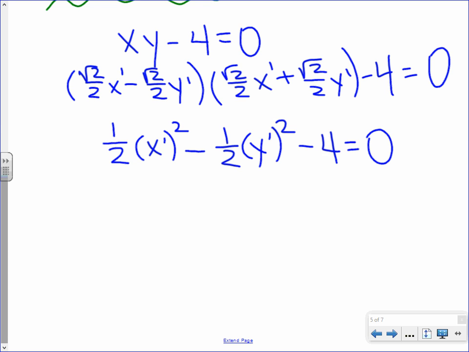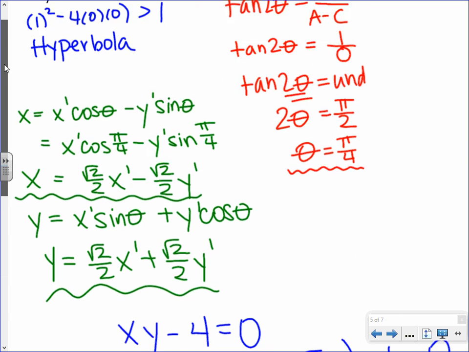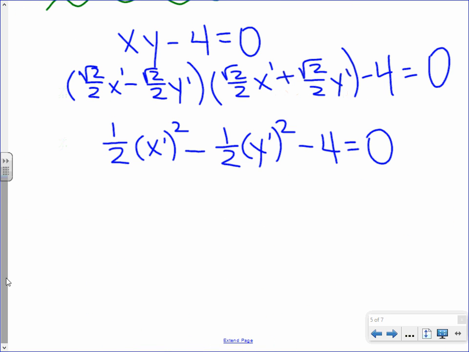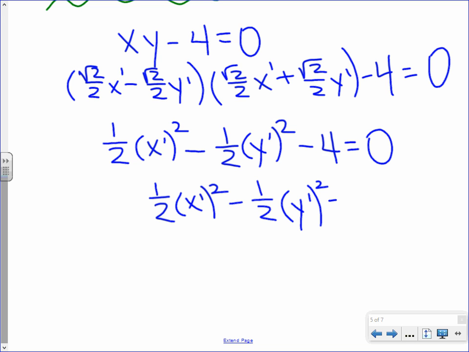Now that we have everything multiplied out, we come back here and we say, okay, we have a hyperbola. We need to get it into standard form. Do we need to do any completing the square? No. Since we have just x squared and just y squared, we don't have an x prime or a y prime term. We don't need to complete the square. So what we can do is add that 4 to the other side.